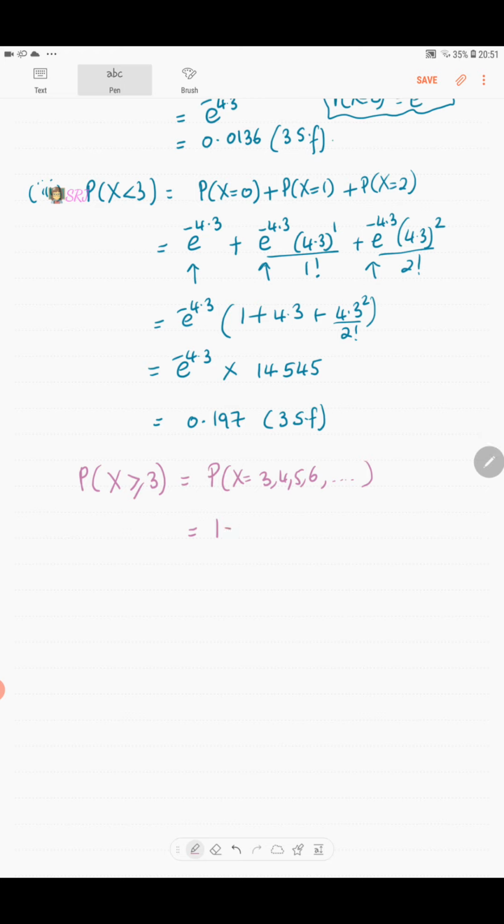That is, we take 1 minus the probability of the remaining values. What remains in front? We have 0, 1, 2. So we take 1 minus probability X is equal to 0, 1, and 2. That is 1 minus probability of X less than 3.